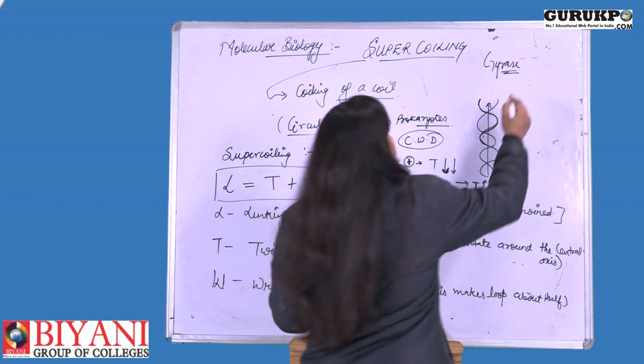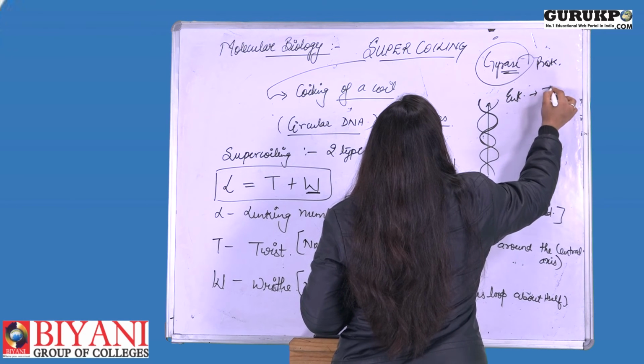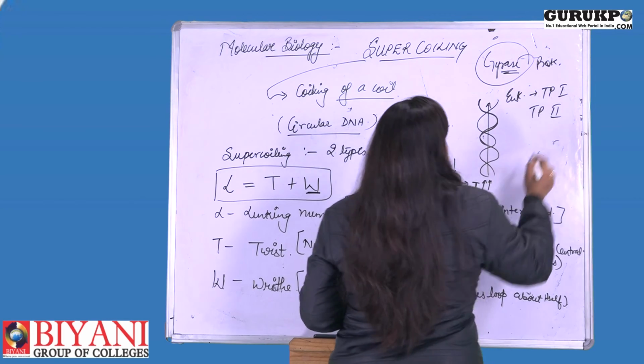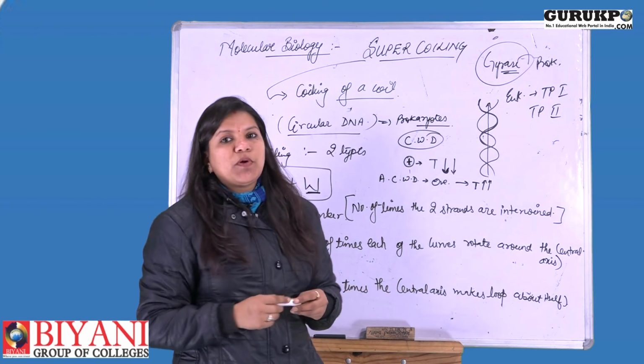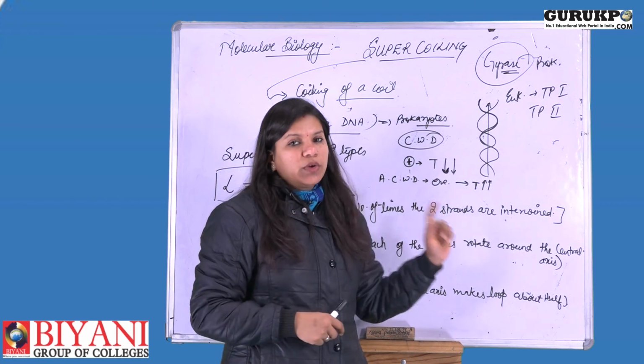And the same, if we talk about eukaryotes, then there are two types of enzymes, topoisomerase first and topoisomerase second, which are responsible for releasing these supercoilings in eukaryotes.